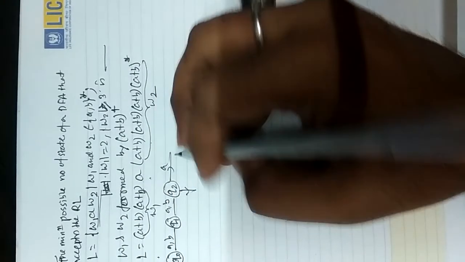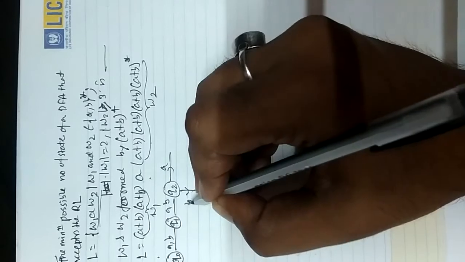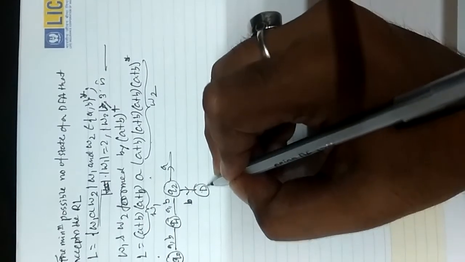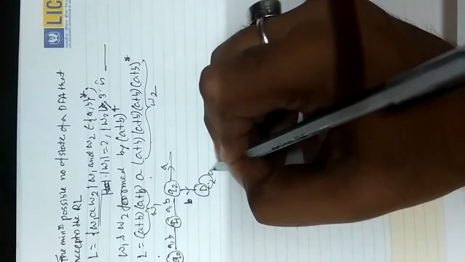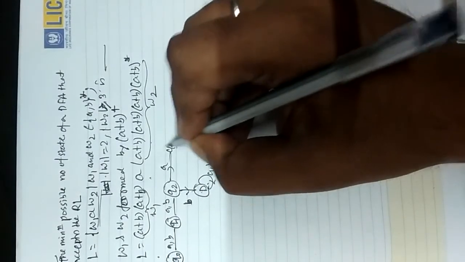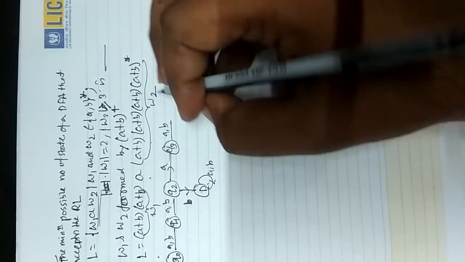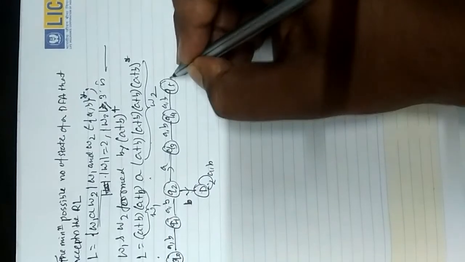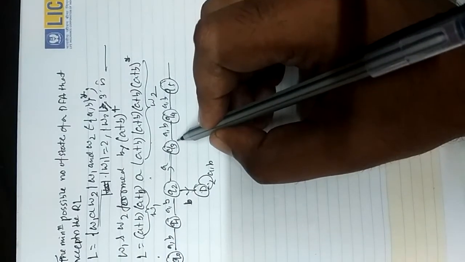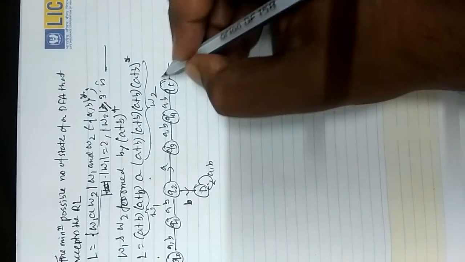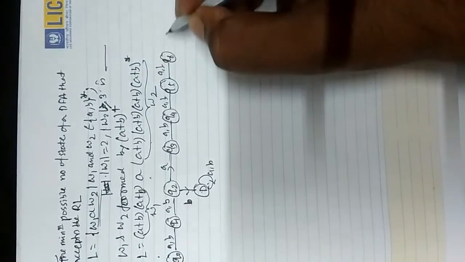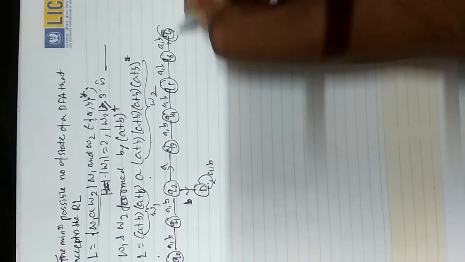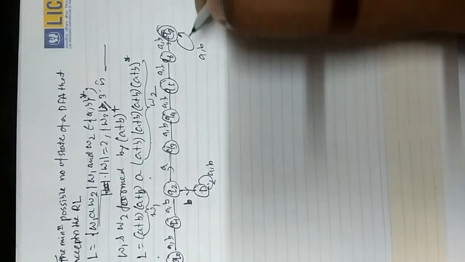Because we are drawing a DFA, there will be an input b, but since there is no transition, you have to go to the dead state. Then a or b, Q3, a or b, Q4, a or b, Q5, again a and b, Q6, a and b, and this is Q7. This is your final state, a and b.